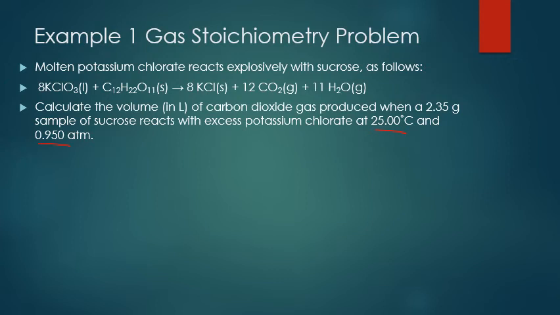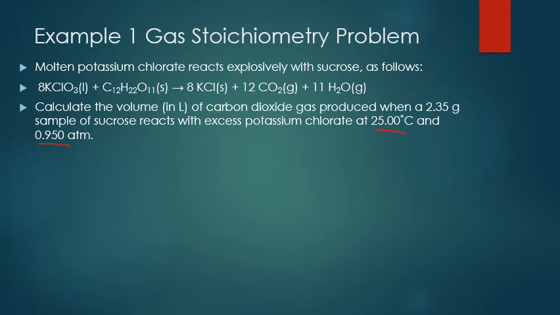Now, in this case, after you've identified the fact that it is a non-ideal gas problem, you want to look and see, do I have enough information initially to plug into the PV equals nRT equation and be able to solve?